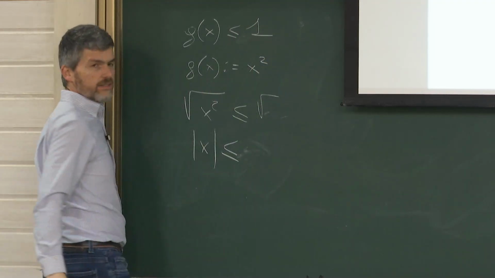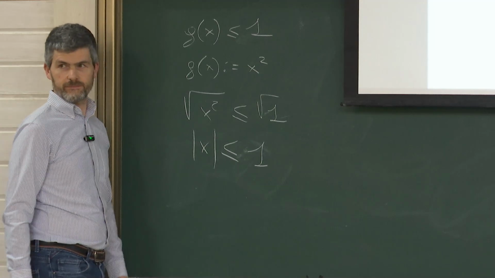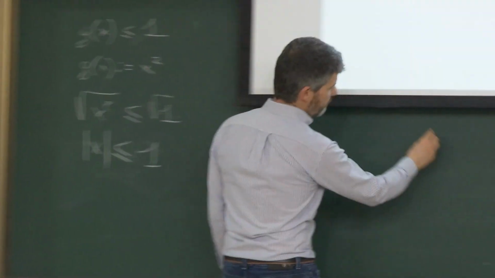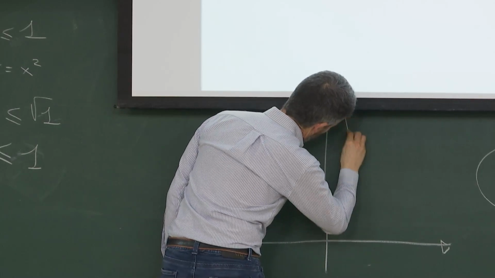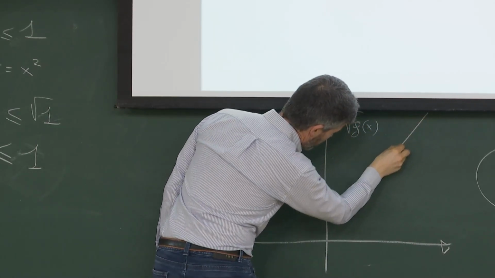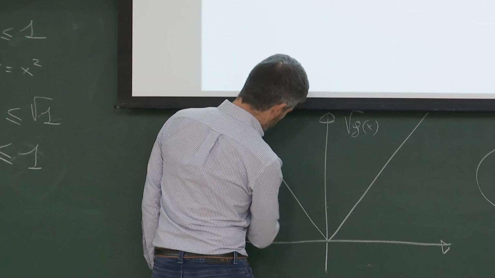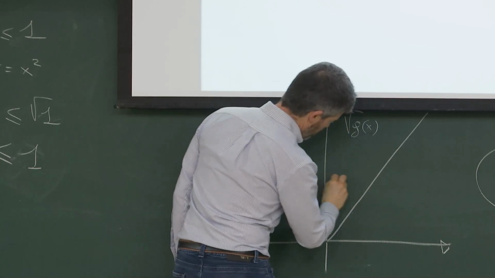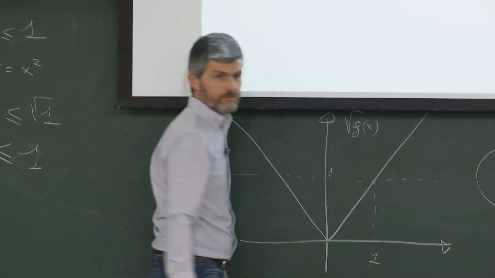So g of x less or equal than 1, this is the square root of 1, this is 1. What would you get then? You would get a curve, a function, square root of g of x, such that now the curve looks very straight. This is 1 and this is 1.